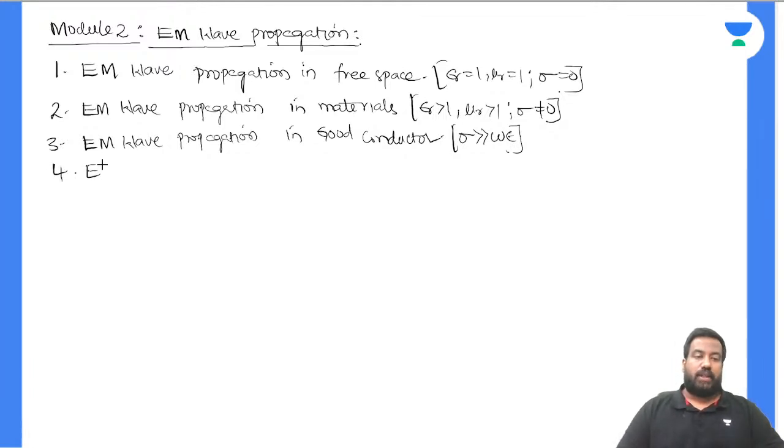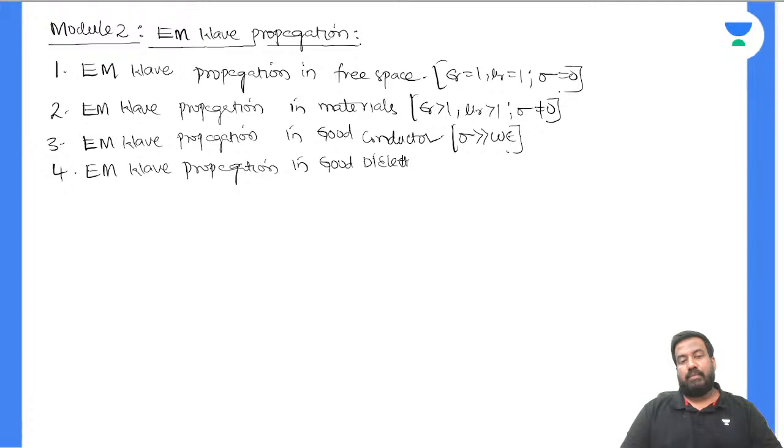EM wave propagation in good dielectrics, where sigma is far less than omega epsilon.